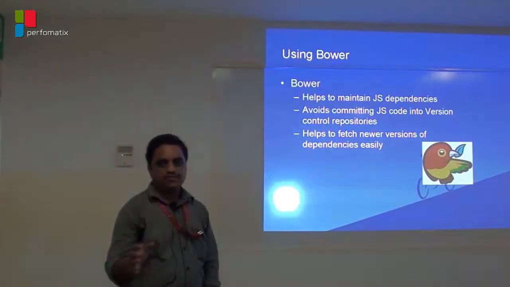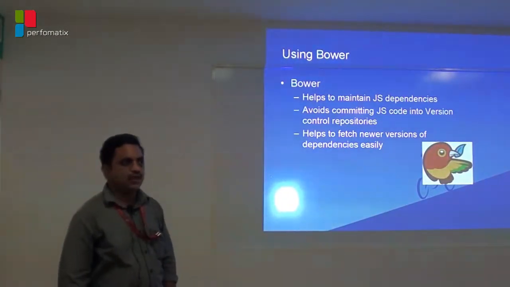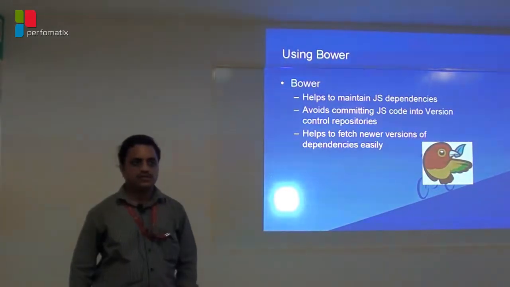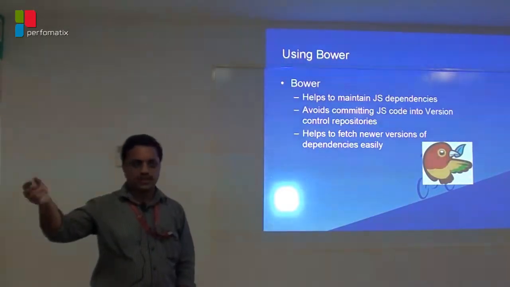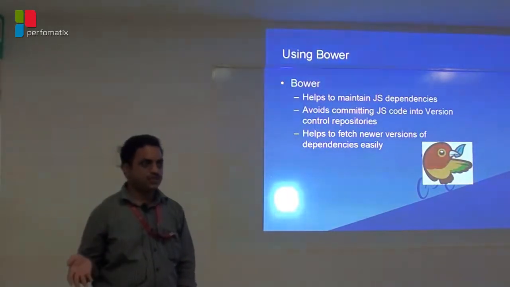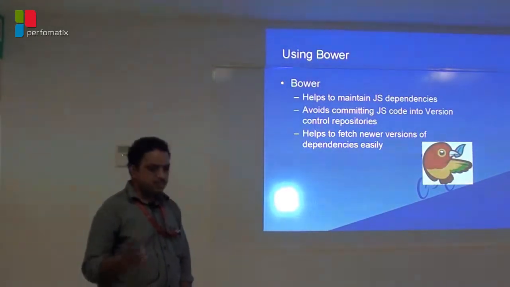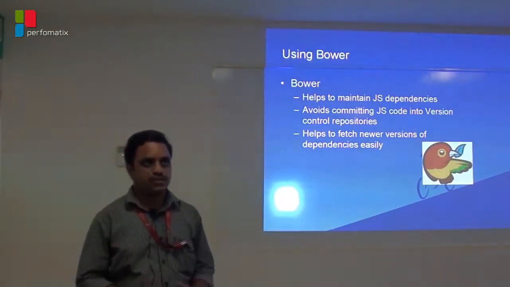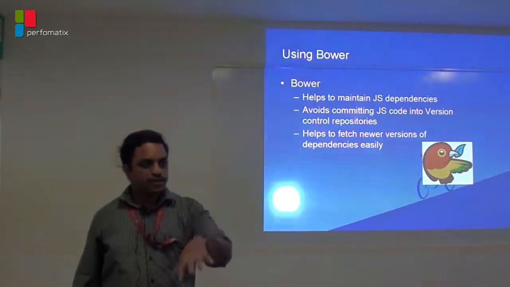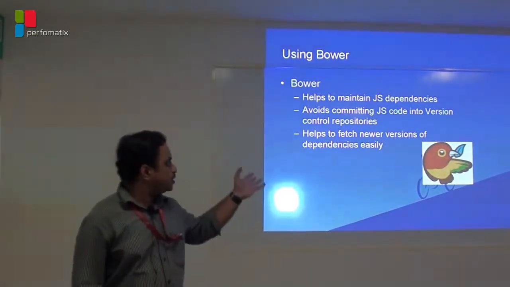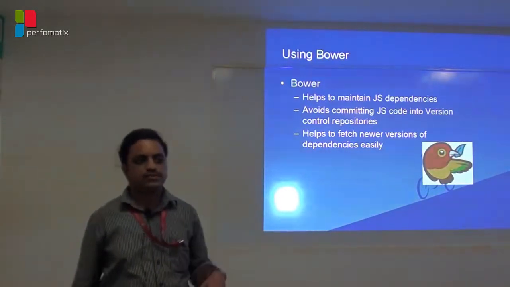That doesn't always work, because once there is an upgrade of that JS, you need to manually download it again and put it inside again. That's not going to work for all stages of the project. And the next problem is that once you download a JS and put it inside your code, wherever you commit the code, the JS goes along with it, right?